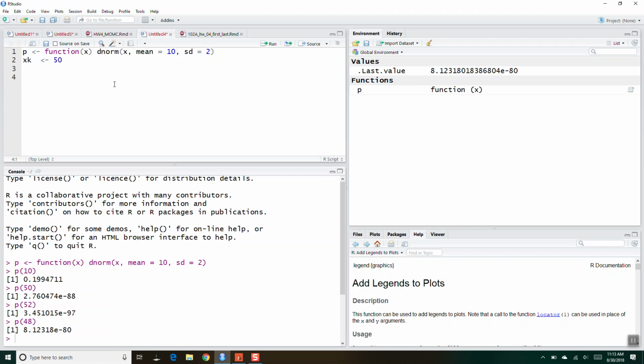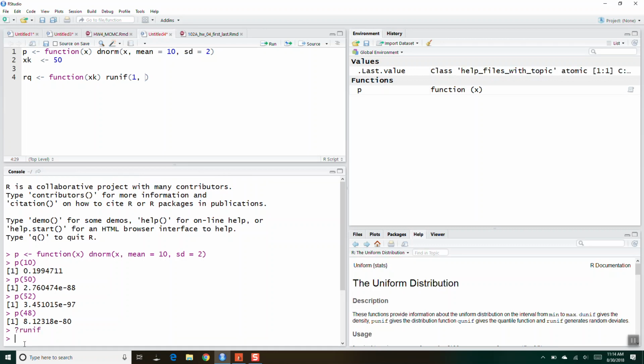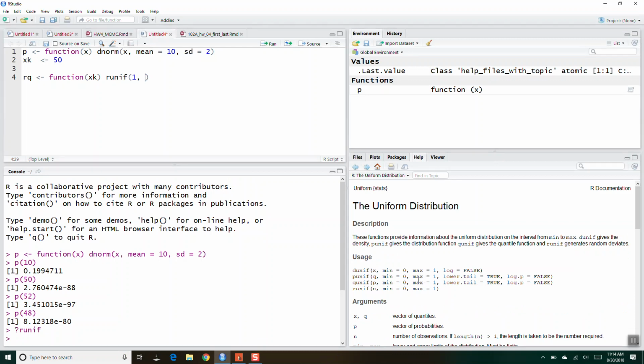And then we'll have a RQ. RQ will be a function of our current value, and this is going to return one random uniform from the uniform distribution, min and max.